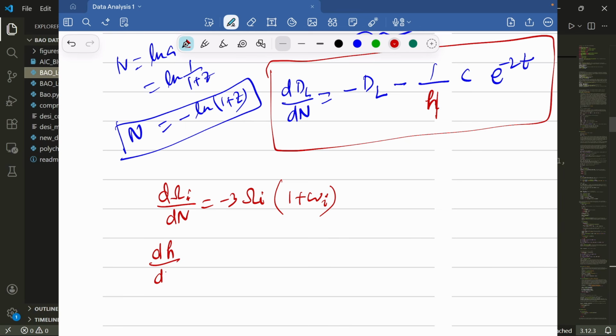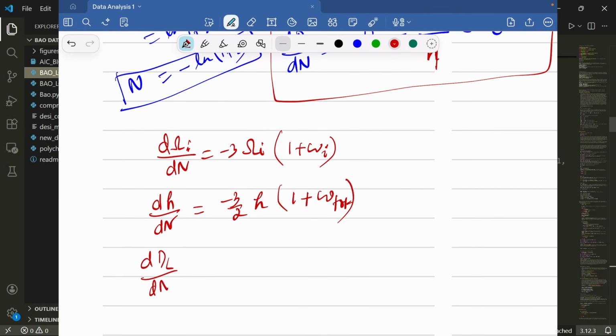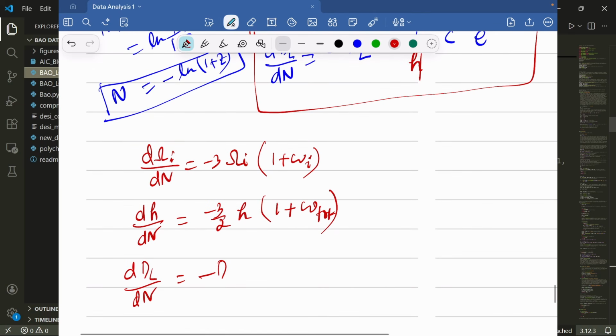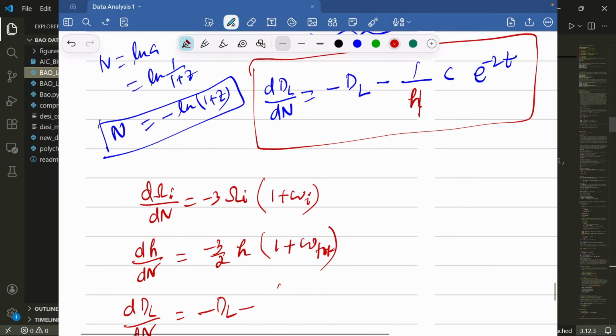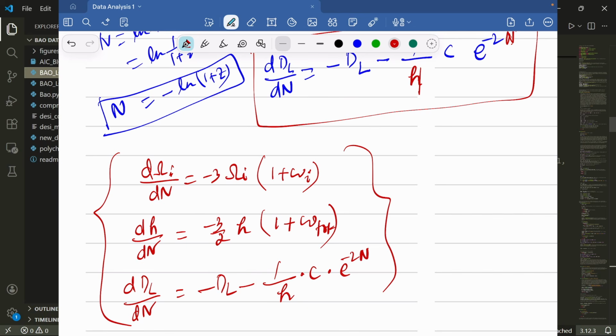Now dh over dn is equal to minus 3 over 2 into h times 1 plus omega total. Similarly, I have d dl over dn is equal to minus dl minus 1 by h, because this is the same thing. If you use this h, you have to write over here, times c, the speed of light in kilometer per second, minus 2n. Now sorry, this is n, not t. Don't confuse it.